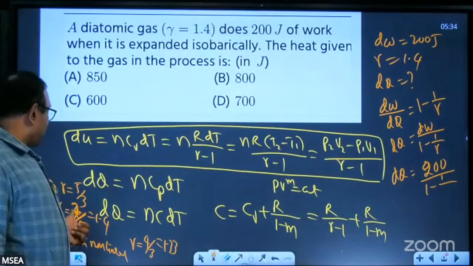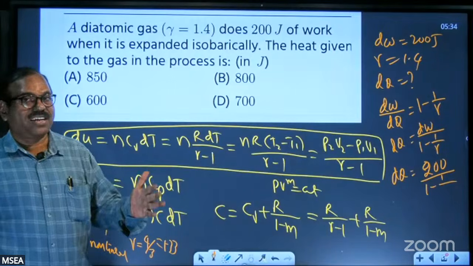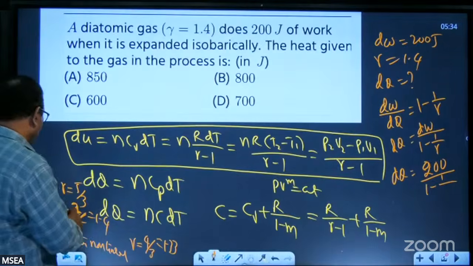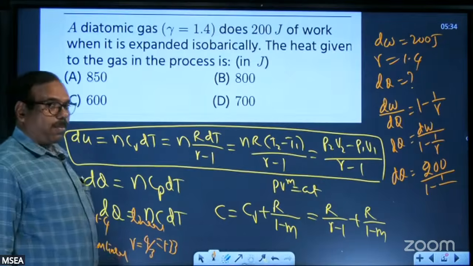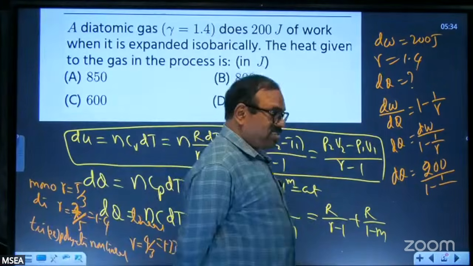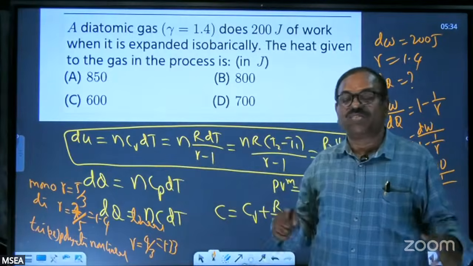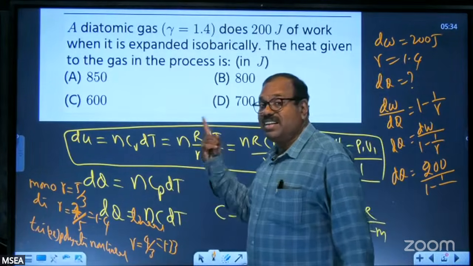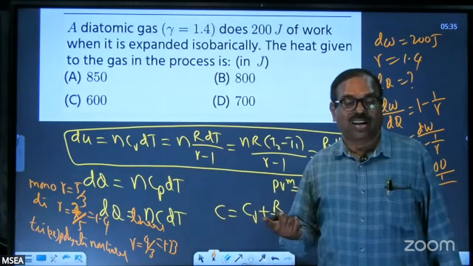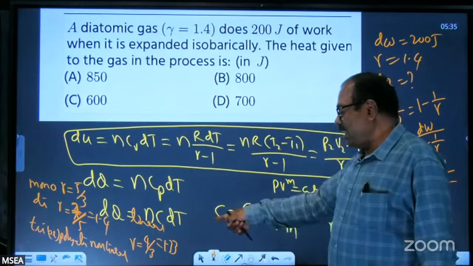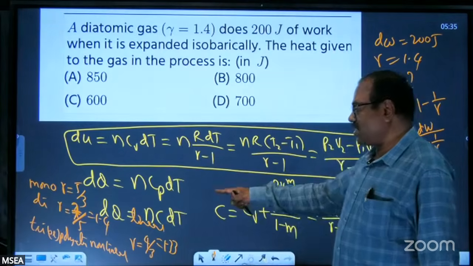Linear means one rotational kinetic energy term gets cancelled, as we discussed in degrees of freedom. So for tri or polyatomic non-linear, gamma is equal to 4 by 3, and for diatomic or linear, it is 7 by 5.